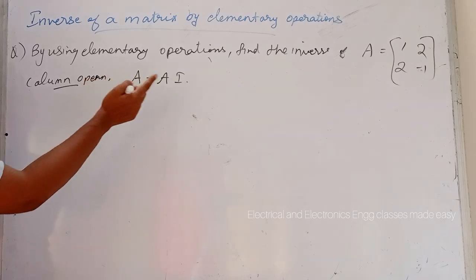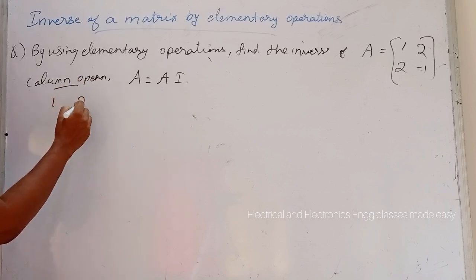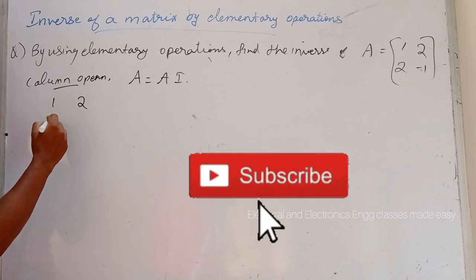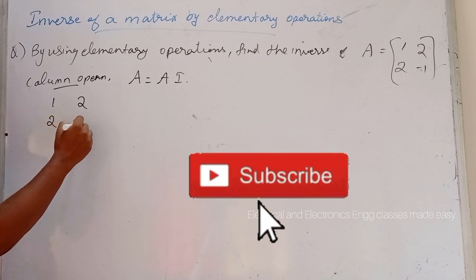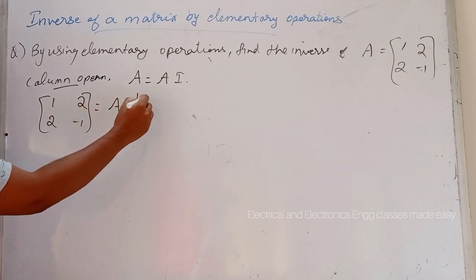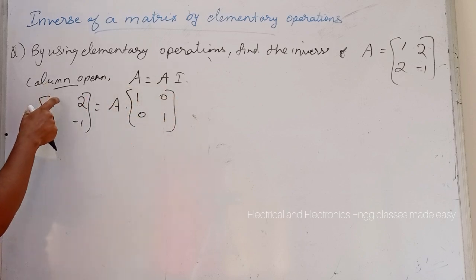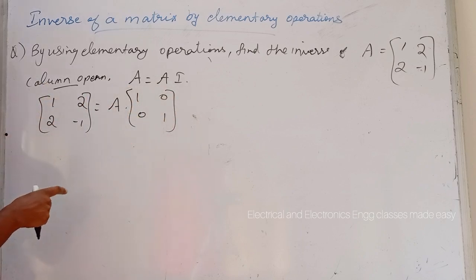So write A is equal to this one, that is A is 1, 2, then 2, minus 1, equal to A into 1, 0, 0, 1. So here we have to do the elementary column operation.